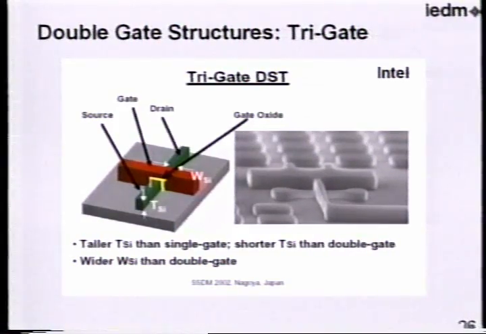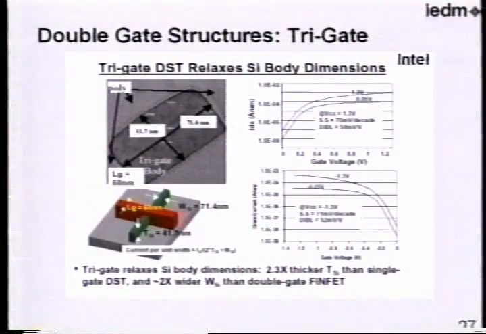This technology supposedly would also incorporate high K eventually, to reduce, of course, gate leakage, and also add epi source drain to improve the series resistance. And this is a cross section of it. You can see the body, and the gates go around the side.